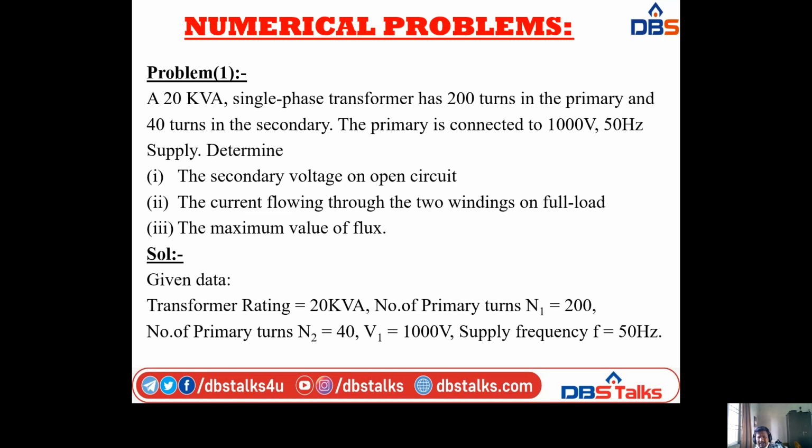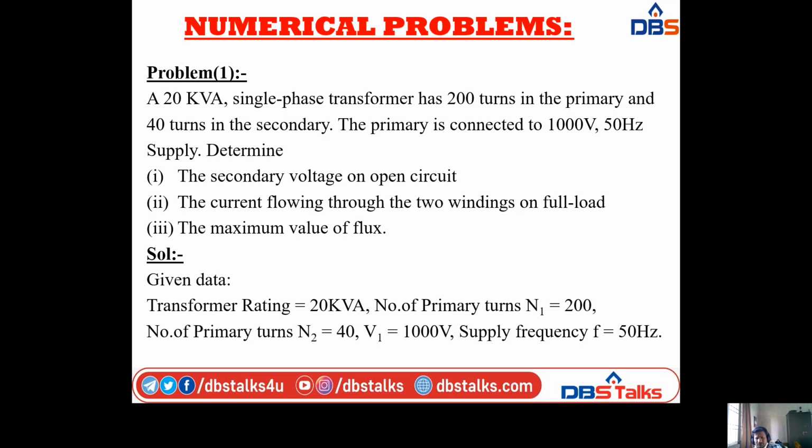So given data: transformer rating 20 kVA, number of primary turns N1 equal to 200, number of secondary turns N2 equal to 40, supply voltage V1 1000 volts, supply frequency 50 Hz.